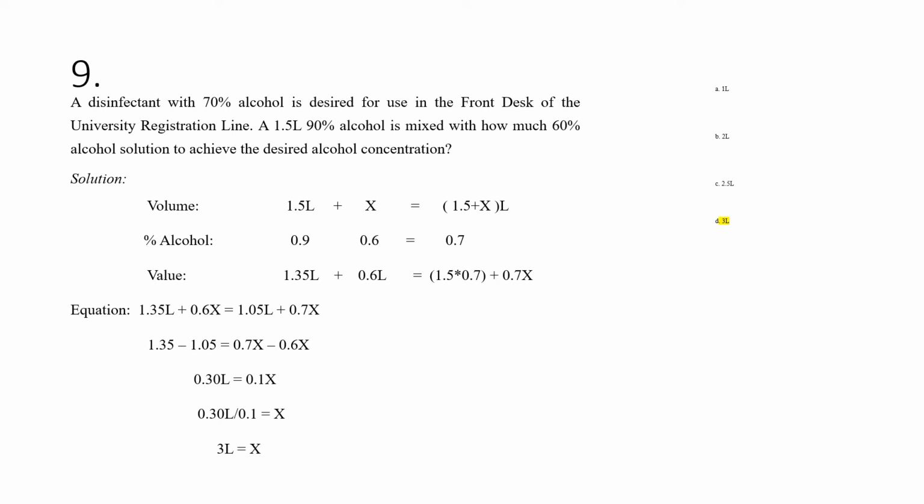We move the X's to the right side and the constants to the left-hand side. So 1.35 minus 1.05 gives us 0.30 liters, and that's equal to 0.1X. Therefore, X will be equal to 0.30 liters divided by 0.1, and that's equal to 3 liters.